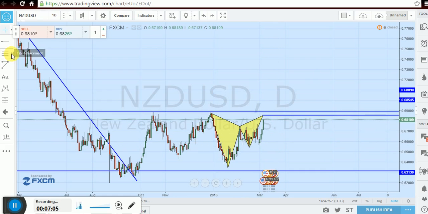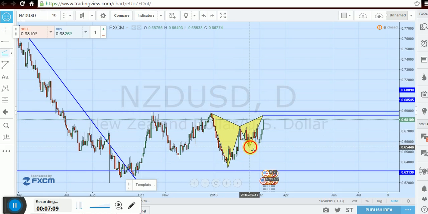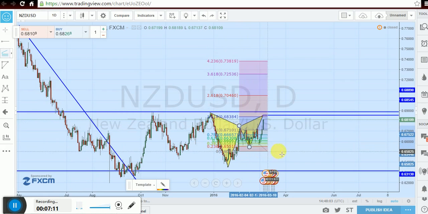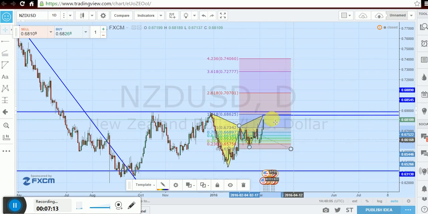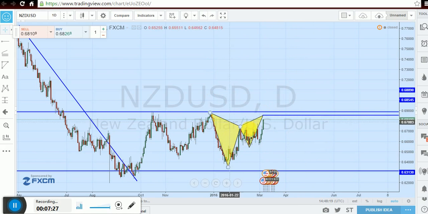Another thing to have a look at is that if I bring in my Fibonacci extension, we can see that the Gartley pattern is going to terminate right where the 1618 extension is, actually a little bit lower than that, but we have a Fibonacci ratio confluence. So why is this a very good opportunity? Not only do we have a bearish advanced pattern and Fibonacci confluence, look where the Gartley pattern is going to terminate.